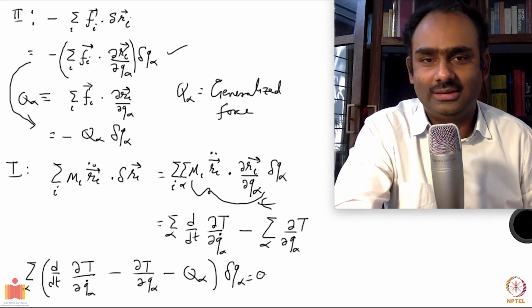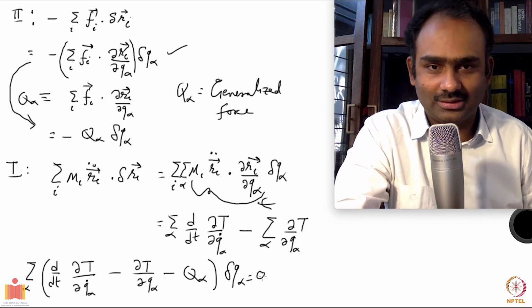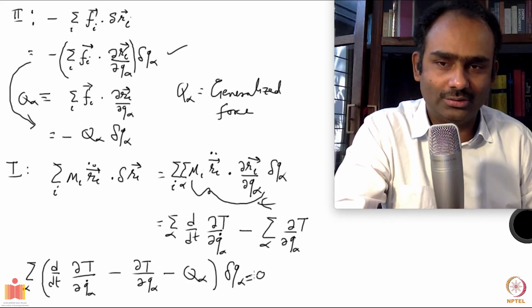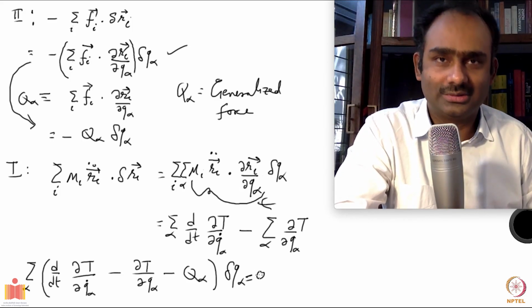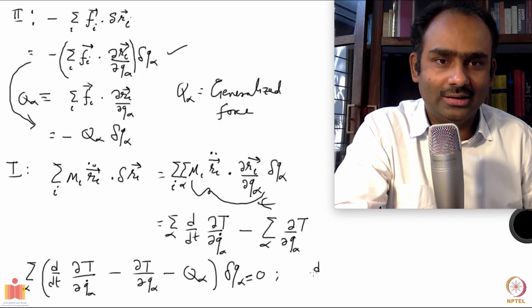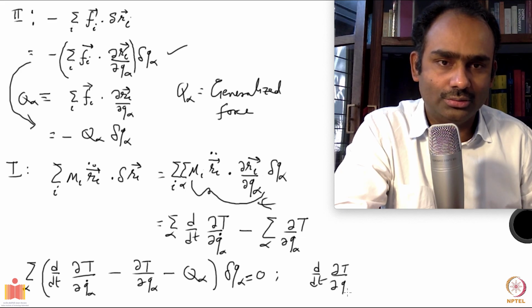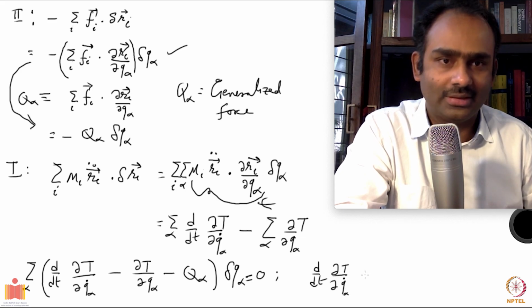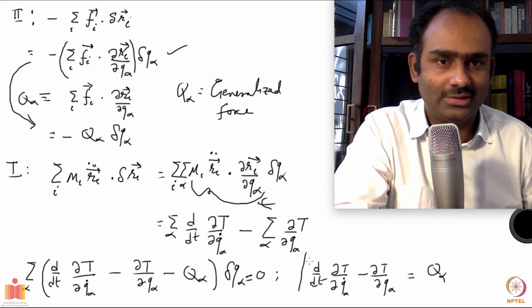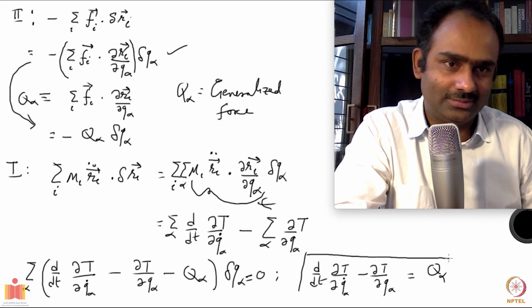Okay, and then whatever I said just now about independent variations and being able to pick out this coefficient to be 0, which they are correct, and I get my final result to be d over dt del T over del q alpha dot minus del T over del q alpha equals Q alpha. This is nice. This is very nice.